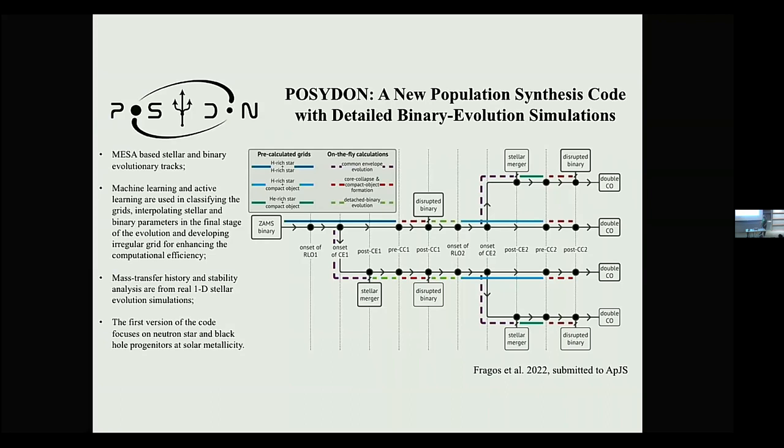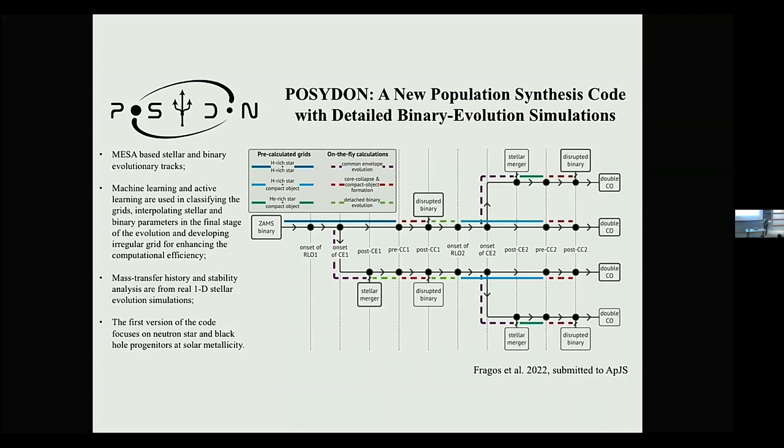Each black dot means an event, such as common envelope, stable Roche lobe overflow, or core collapse supernovae. For the events that can be simulated in MESA, we rely on MESA simulations. For something else, like common envelope evolution or supernova-related physics, we do on-the-fly calculations because MESA cannot deal with these events.